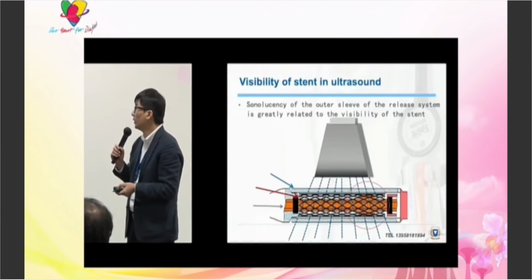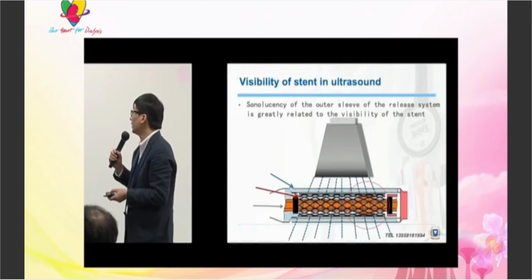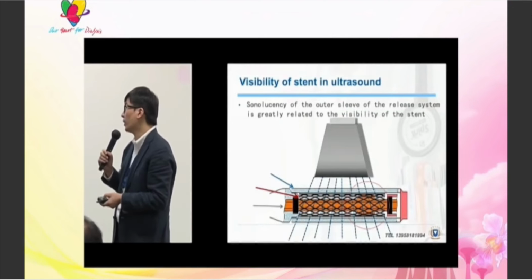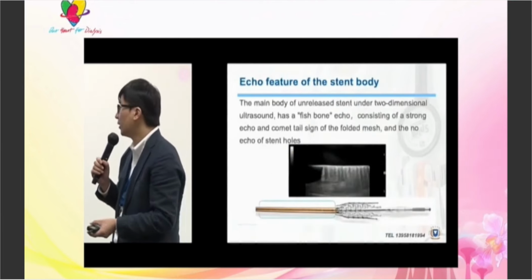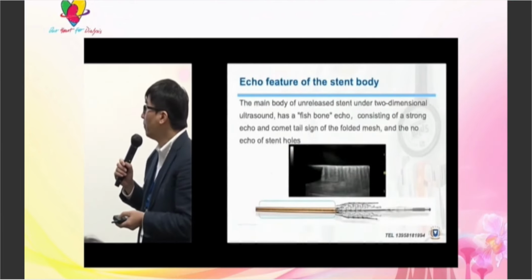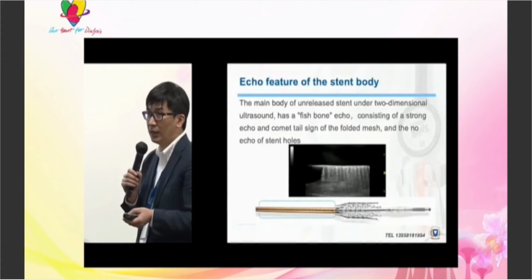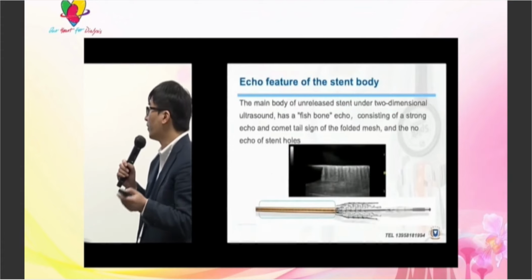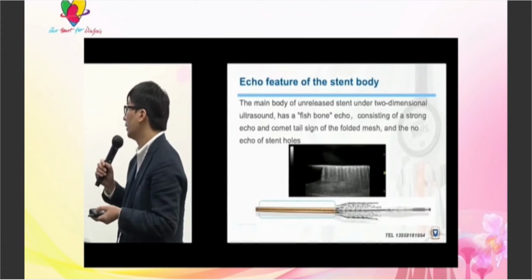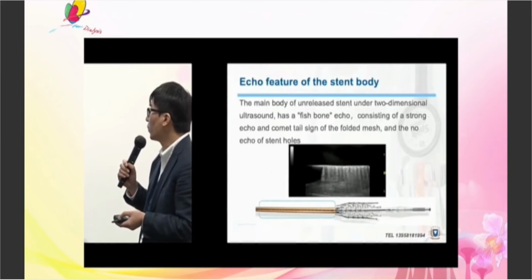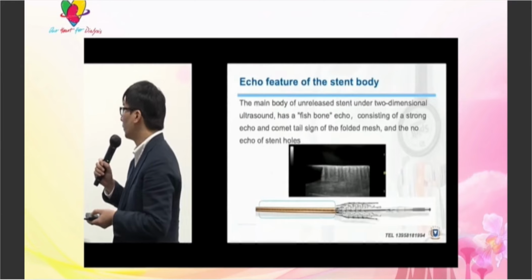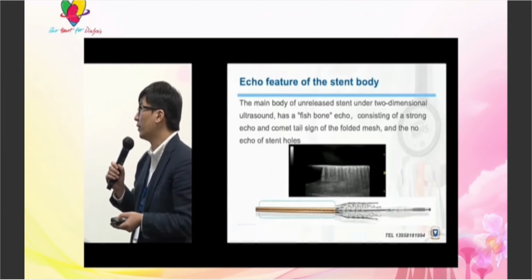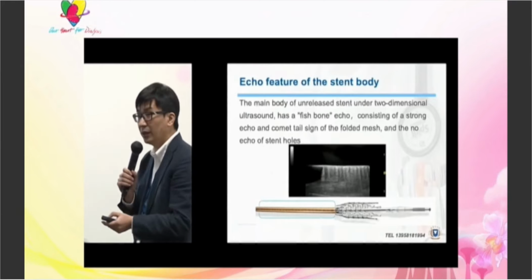So the sonolucency of the sleeve is greatly related to the availability of a stent. The main body of the unreleased stent under the ultrasound has a fishbone-like echo, consisting of a strong echo and the committed tail side of the unfolded edge and the folded edge, and then the no echo of the stent holes.